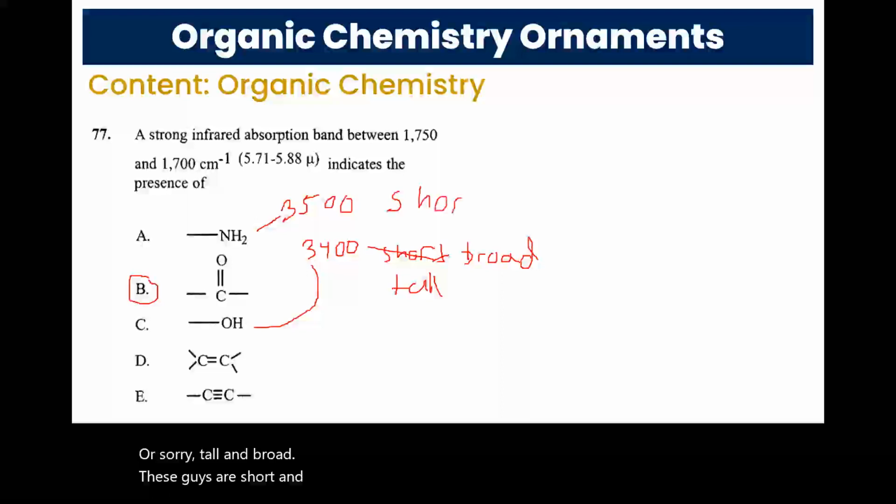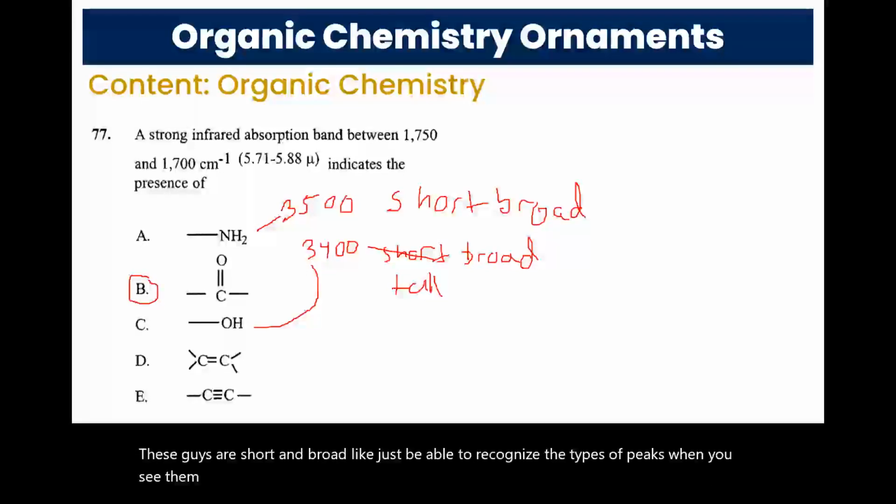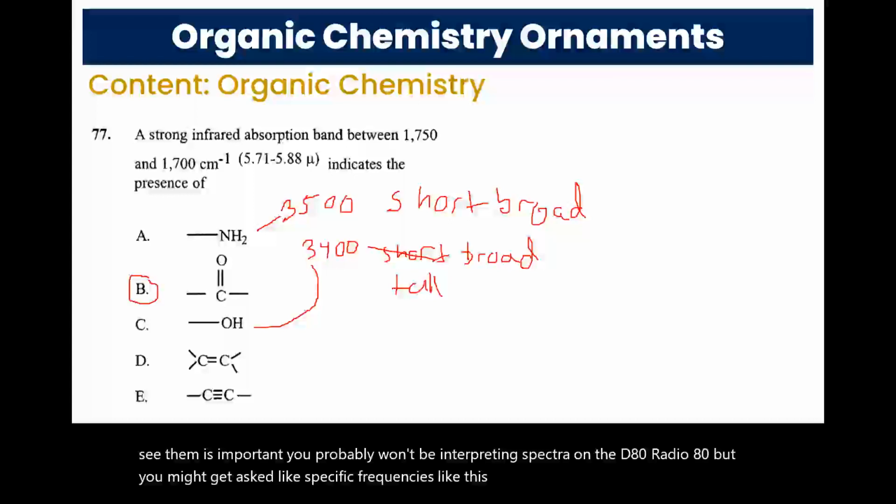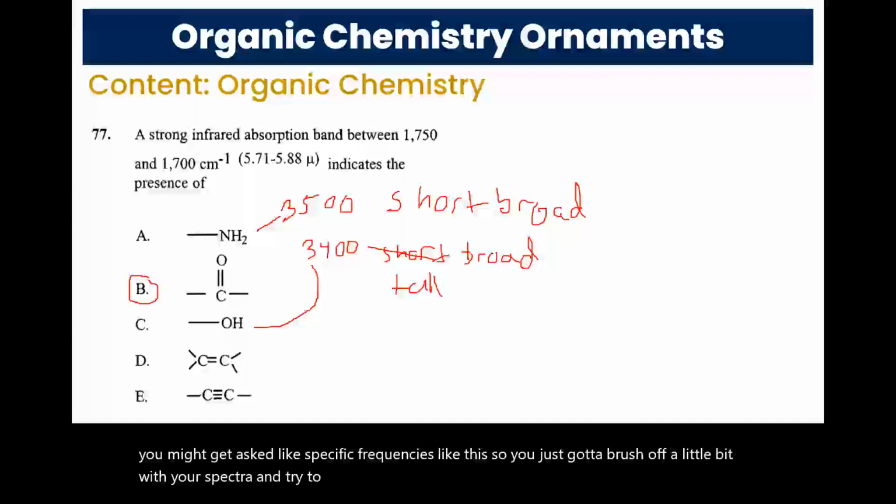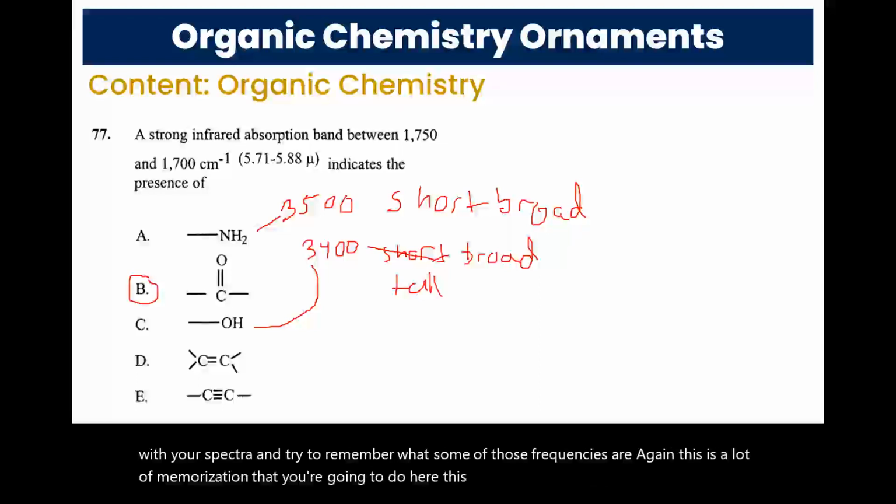Just being able to recognize the types of peaks when you see them is important. You probably won't be interpreting spectra on the DAT or the OAT, but you might get asked specific frequencies like this. So you've got to brush up a little bit on your spectra and try to remember what some of those frequencies are. Again, this is a lot of memorization that you're going to have to do here. This is where Anki can be very helpful when studying for organic chemistry.